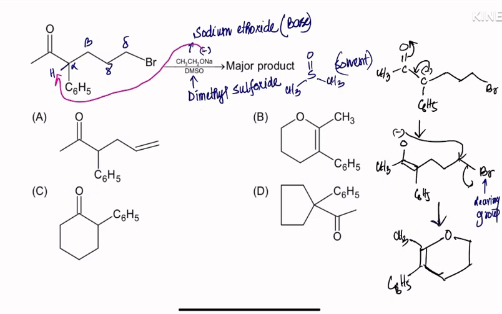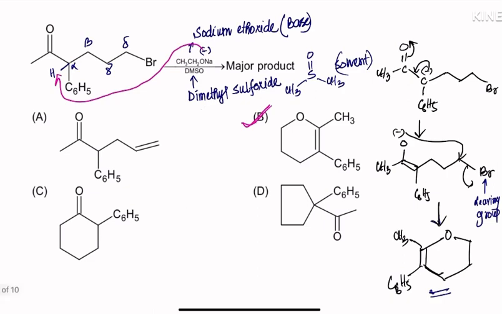So it will directly attack the carbon bearing Br, and bromine will be released, and after the release of bromine it will form a 6-membered ring. A 6-membered ring is a very good system. So that's why this kind of product will form. If I see the answer, the answer will be the second one, which is exactly the same.